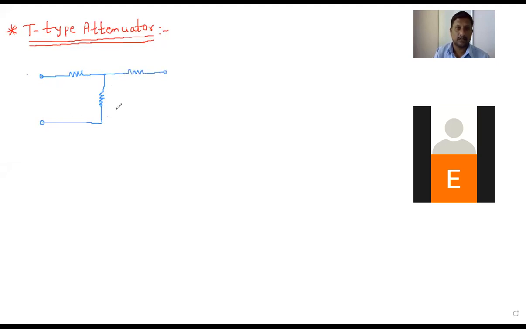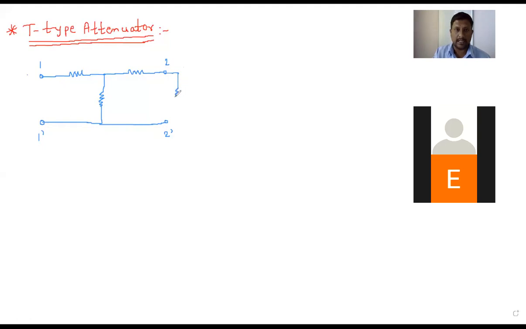Okay. So this is the T-type network. This is port 1 dash, this is 2 dash. Now, this is a simple T network, but how do we convert a simple T network into a T-type attenuator? We get that by connecting the characteristic impedance at the second port. Characteristic impedance Z0.